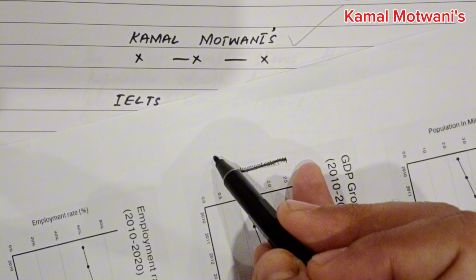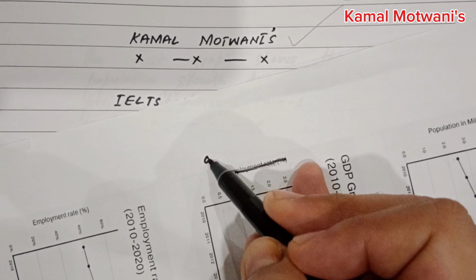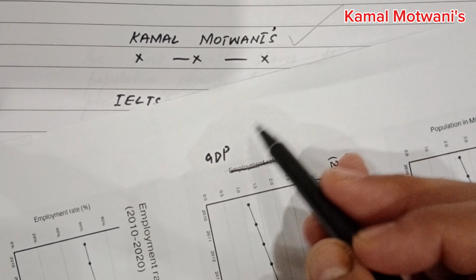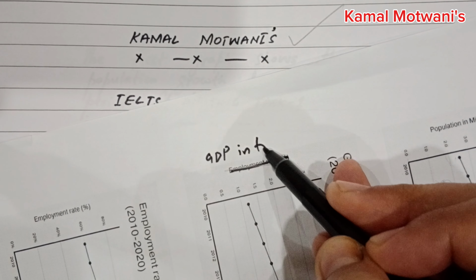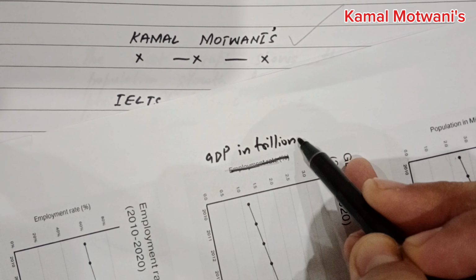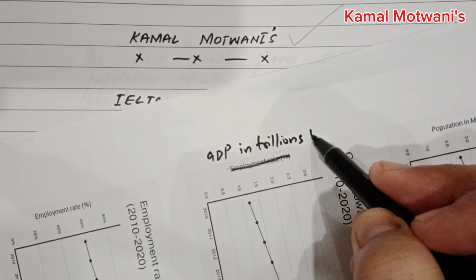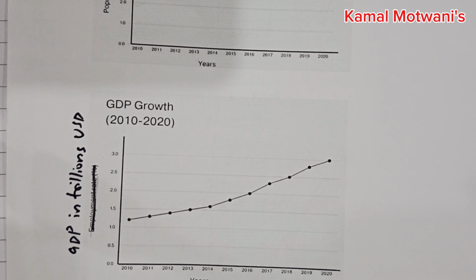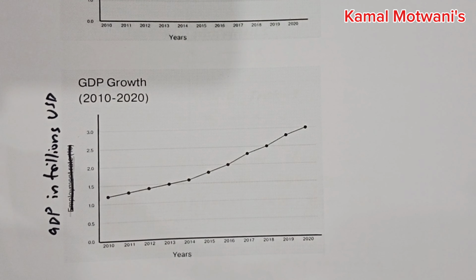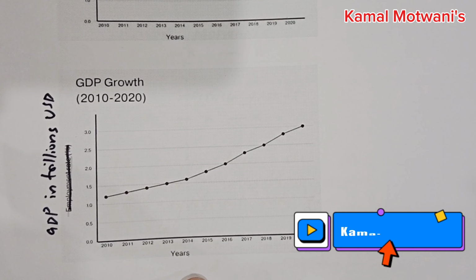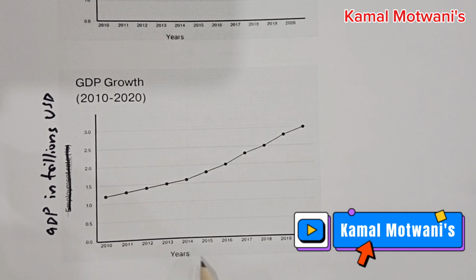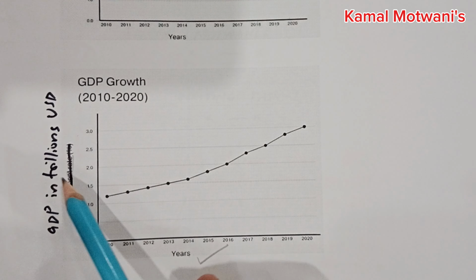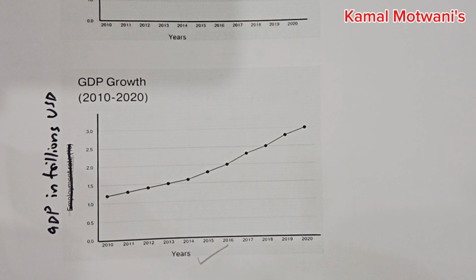On the y-axis we are given GDP in trillions US dollars. Okay, so here was a typo error. Now you can see this graph. On the x-axis we are given years, and on the y-axis we are given GDP in trillions US dollars.